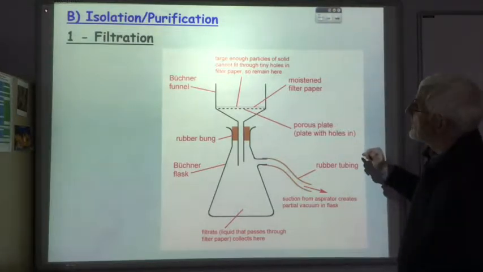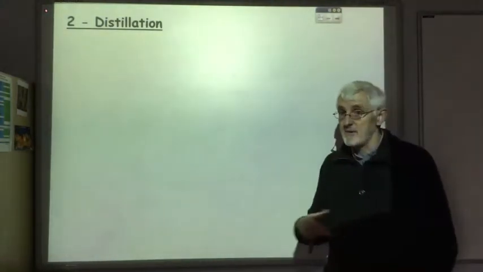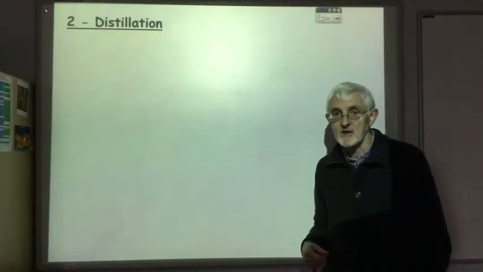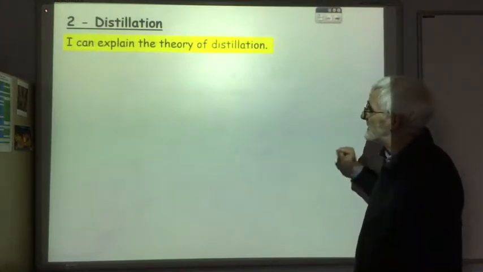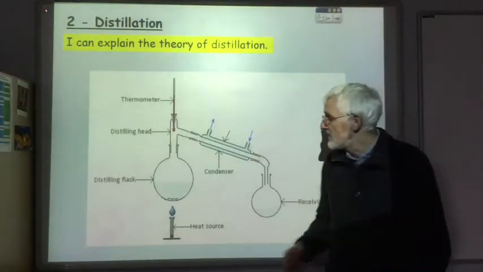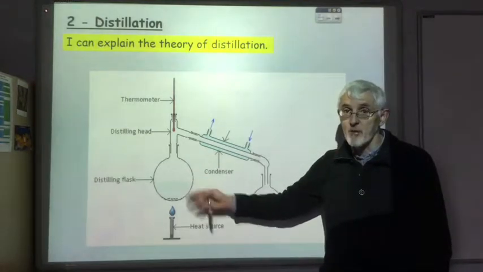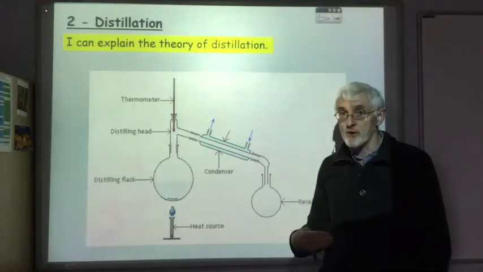Okay. The second method we often use is distillation, and again there's been no great new theory behind distillation. We came across it in S3, but you should be able to explain the theory of distillation. So basically we use it to separate liquids with different boiling points. So the classic example would be separating ethanol from water.